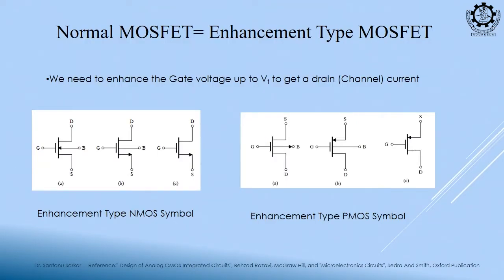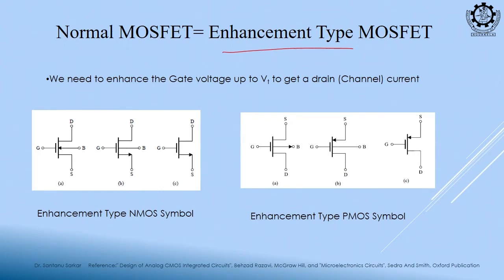Now, this MOSFET that we have studied is known as the enhancement type MOSFET. By default, it is enhancement type MOSFET. We generally do not say enhancement type, we just say MOSFET, but it is enhancement type.